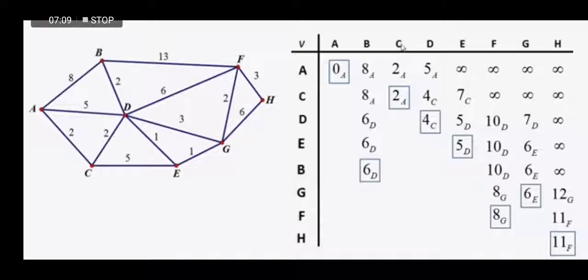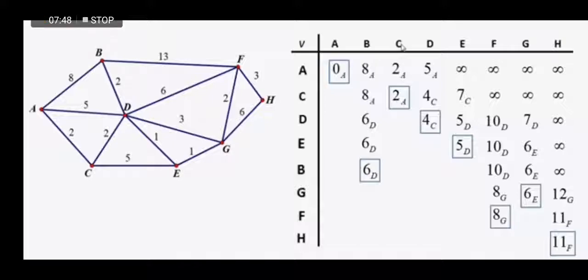Now we look at vertex D to E. The length is 5 because we count from A to C and then C to D and then D to E. So the total will be 5.